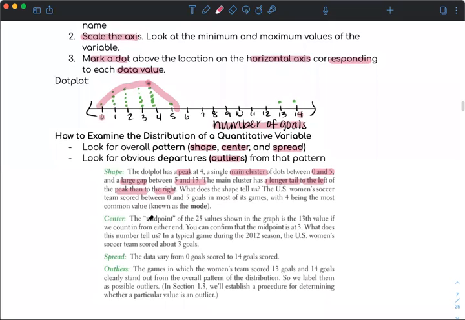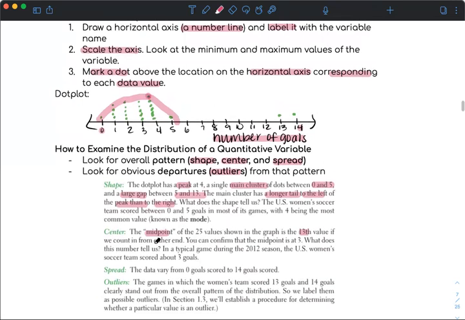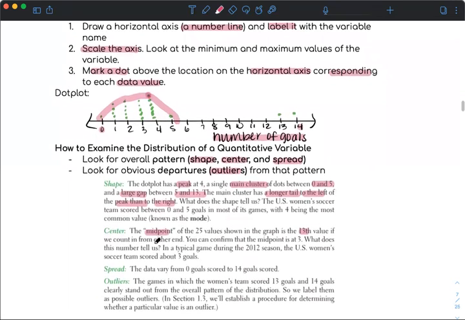So the center: the midpoint of the 25 values that we have is the 13th value, if we count it from the end. You might recall that that is how you find the median. You can do it on a dot plot, just count off 13 in, and then you'll end up with the median, but they're calling it the midpoint here. We can confirm that that midpoint is 3.